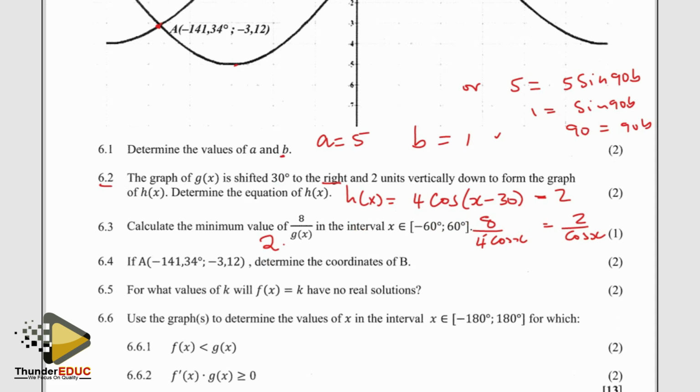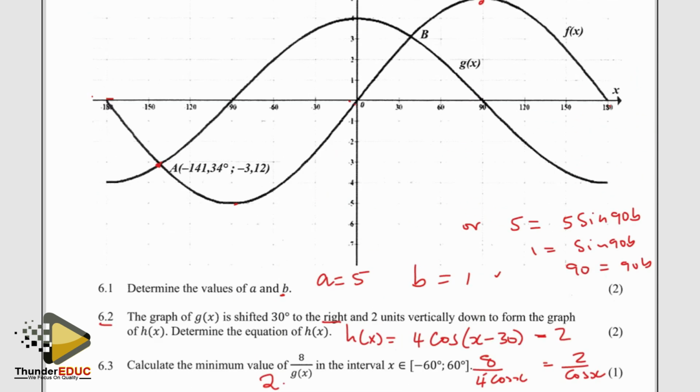6.4. If A is given as this, they want us to determine the coordinates of B. Now we're seeing that A is negative 141.34, which is in quadrant number 3.